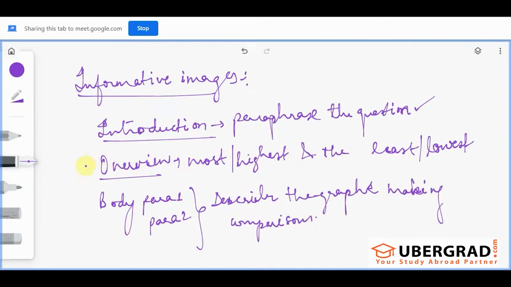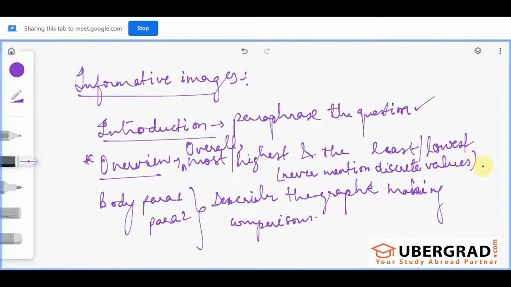One very important thing about overview is that the overview should always start with the word overall. Always. And you should never mention discrete values over here. Discrete values means what? Let's say we discussed the population.